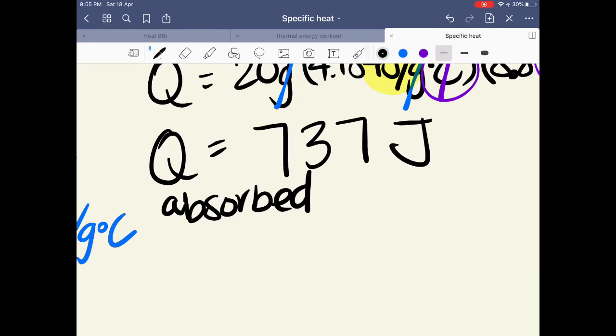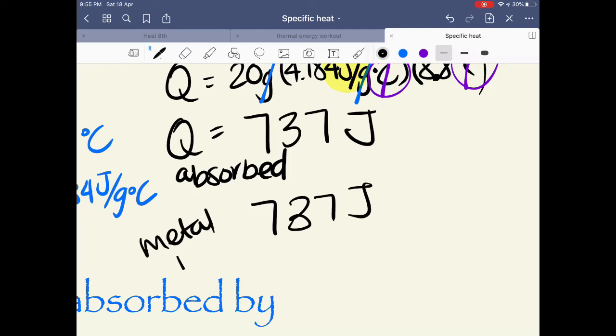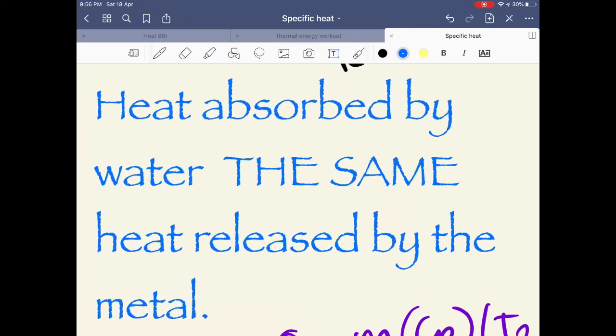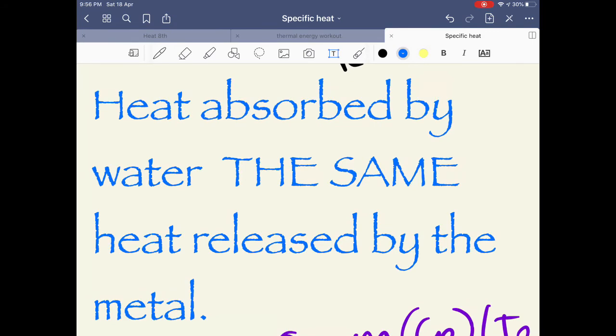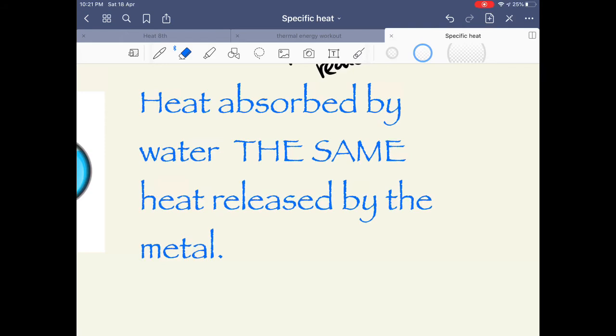So the way that the water receives 737 joules, the metal releases 737 joules. So it's important to know that the heat absorbed by the water is the same heat that is released by the metal.